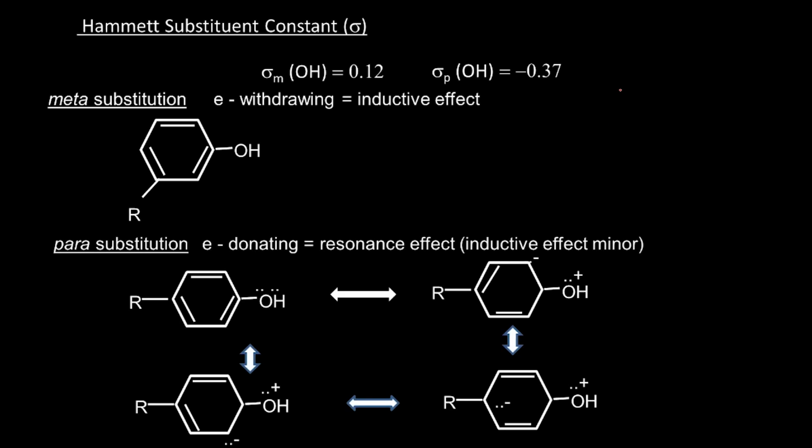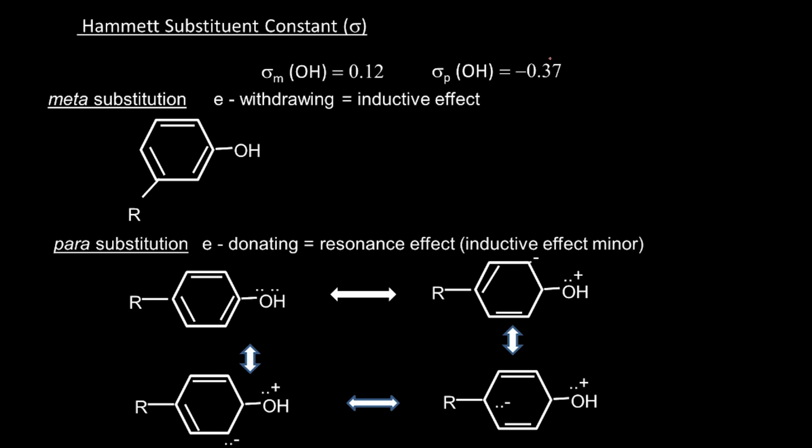When we have an OH type of group, compared to NO2, for meta we have sigma m of 0.12 and para minus 0.37. For meta there is only the inductive effect, which is electron withdrawing, whereas for para, which is electron donating, the resonance effect is predominant and the inductive effect is minor. As you can see, the double bond gets shifted, and you have the lone pairs here.